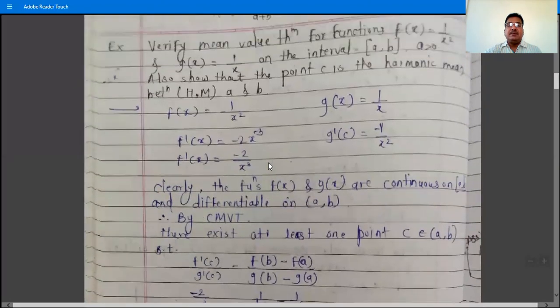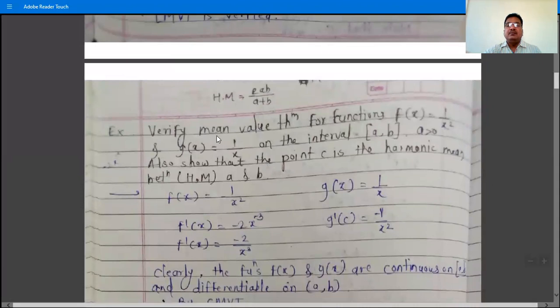So the next example is again verify the mean value theorem, and we are given f(x) equal to and g(x) equal to.